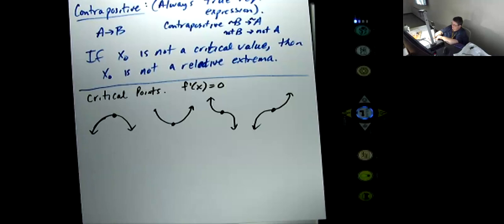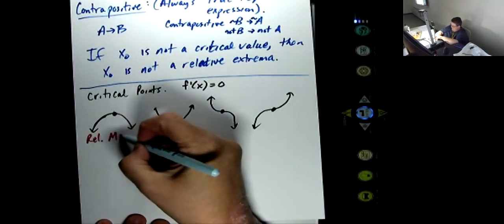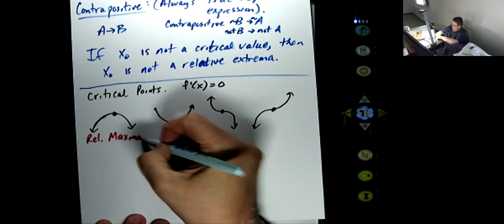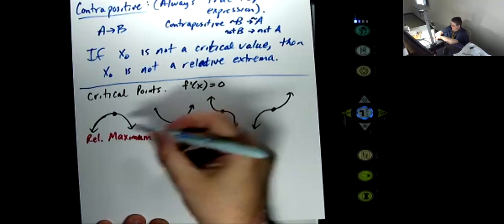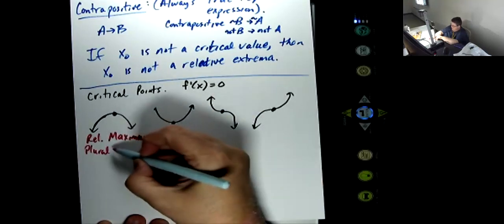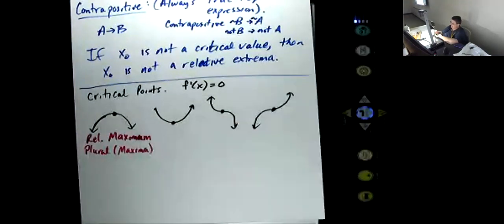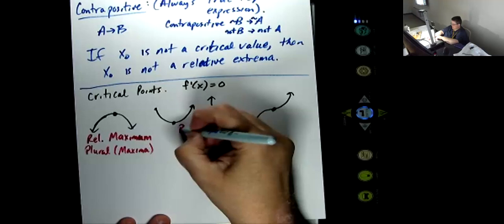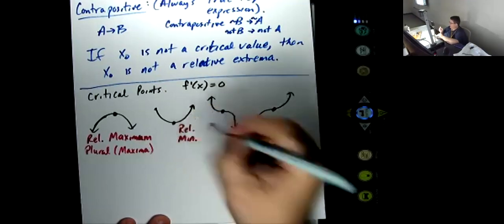This is a relative max, relative maxima, or maximum. Plural is maxima. Here we have a relative minimum, plural being minima.